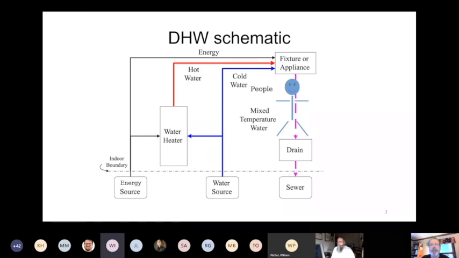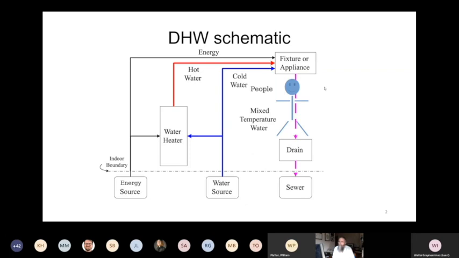Okay. This is a cartoon, but it's to get you to think of what a domestic hot water system is like. I'm focusing on the hot water side for personal historic reasons, but that's my specialty. And the key thing to remember is that the demand is caused by people. So, if you don't have people, you should not have any hot water. You wouldn't expect any hot water in a residential building.